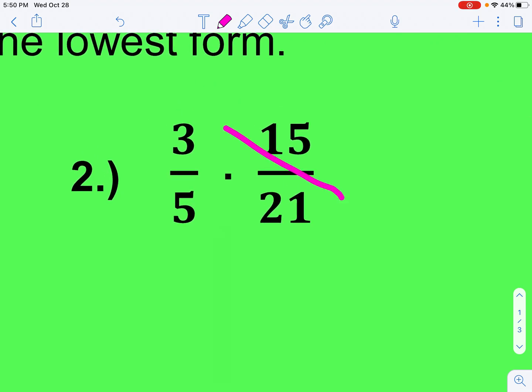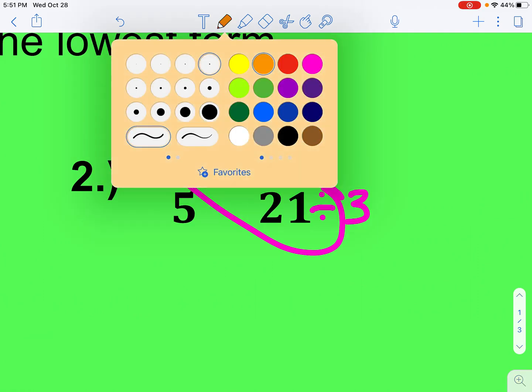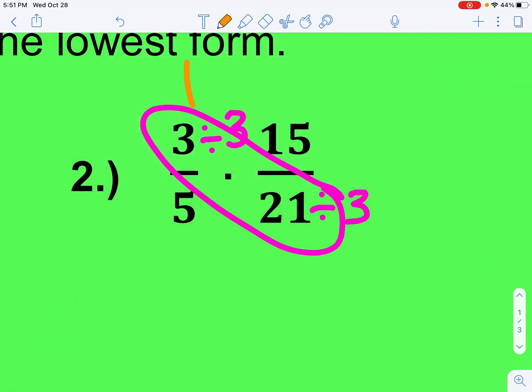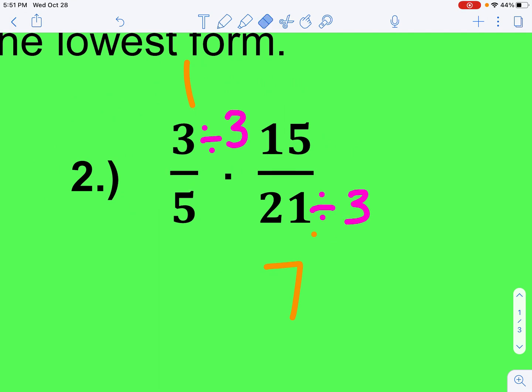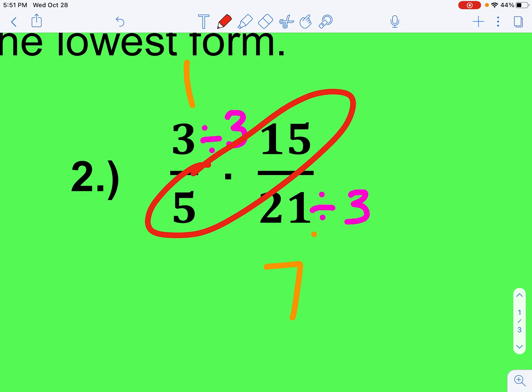Alright, let's look at number 2. This time, let's try simplifying before. 3 and 21. Can I divide both of those numbers by a number that they have in common? Right, I can divide by 3. 3 divided by 3 gives us 1. 21 divided by 3 gives us 7. Alright, now we're going to do our 5 and 15.